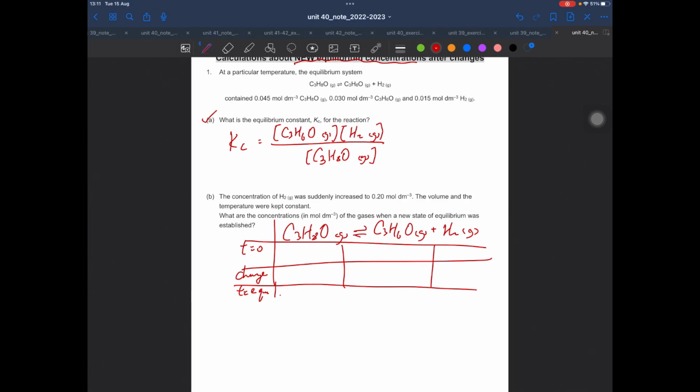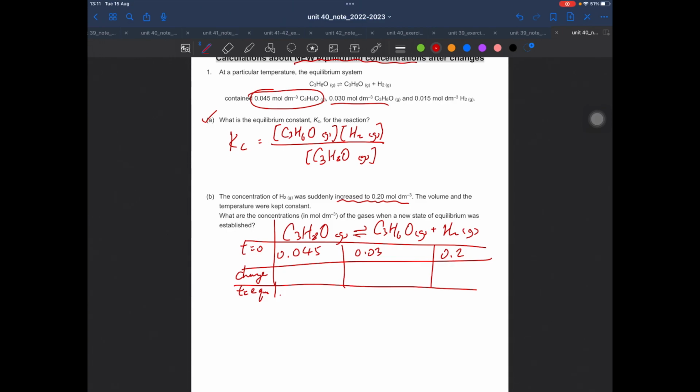Alright, so originally, this one is 0.045. Oh, double check, molarity, good. This one is 0.03, but the H2 suddenly increased to 0.2.